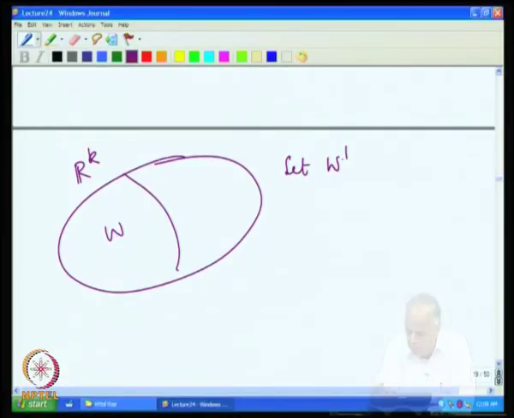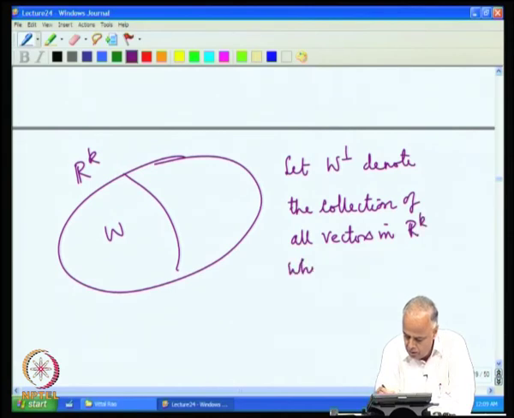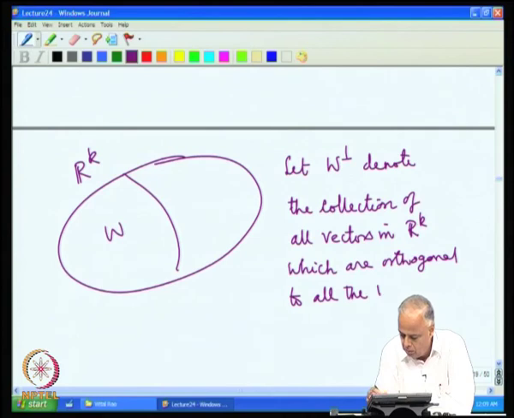Let W perp denote the collection of all vectors in R^k which are orthogonal to all the vectors in W.